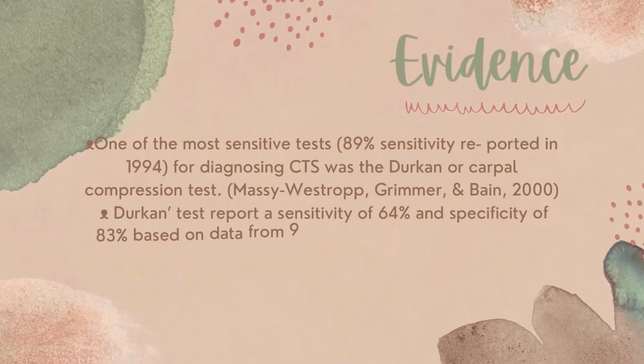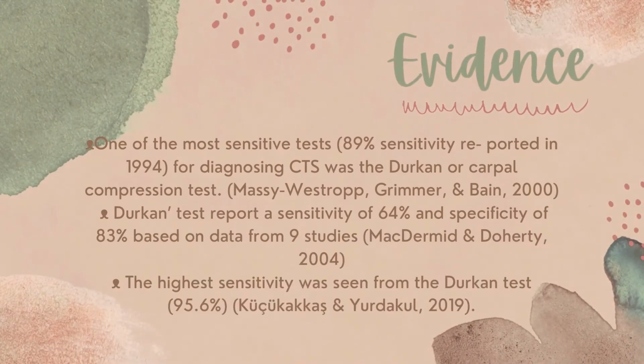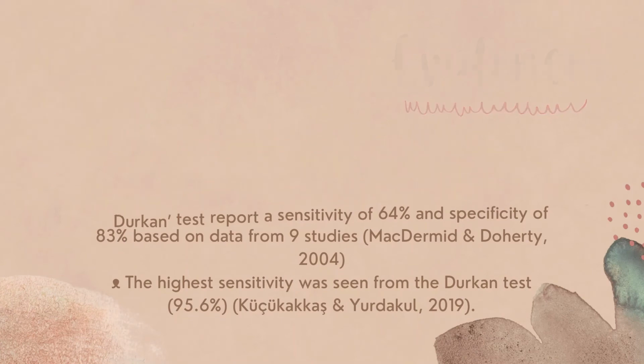A study in 1994 reported that Durkan's test has 89% sensitivity, whilst in 2004, a systematic review reported a sensitivity of 64% and specificity of 83%, whilst in 2019, a study reported that the highest sensitivity was seen from Durkan's test, which is 95.6%.